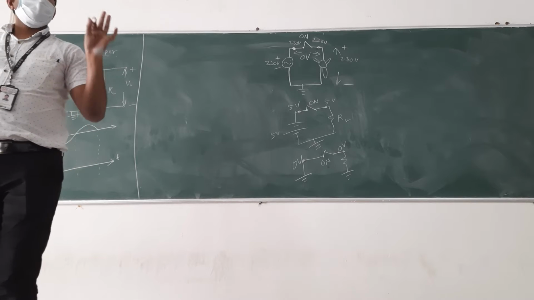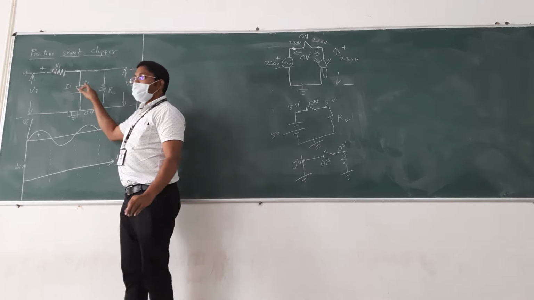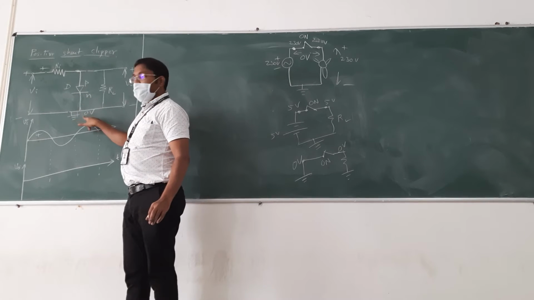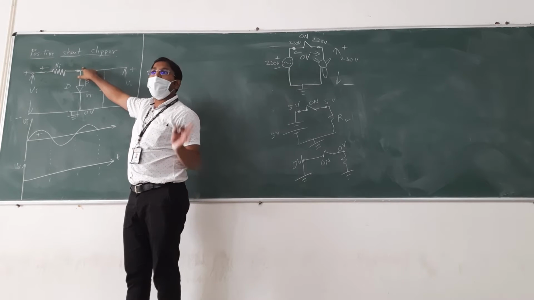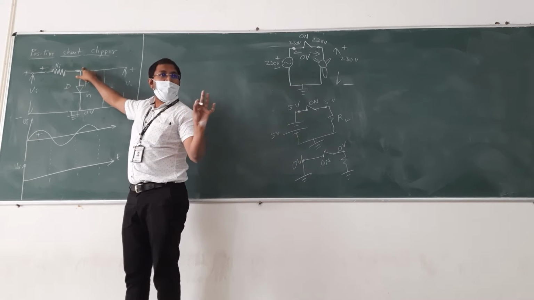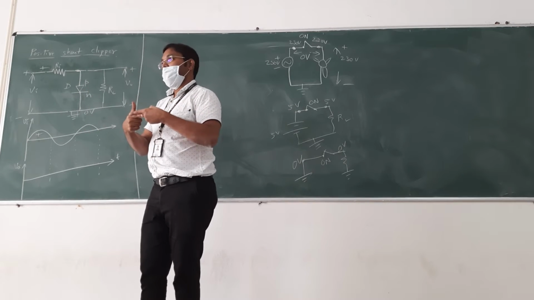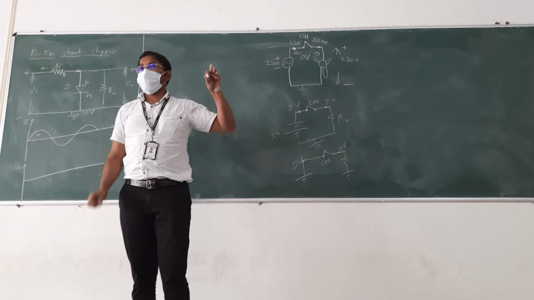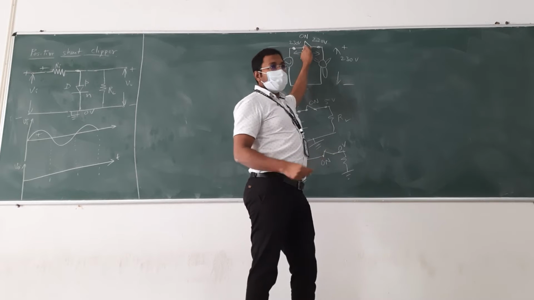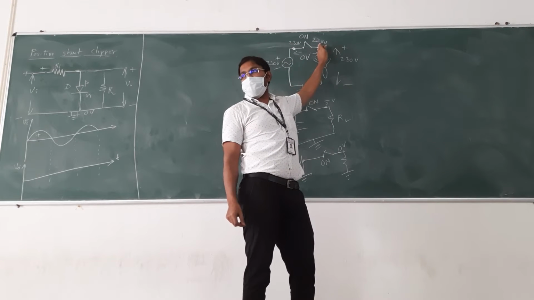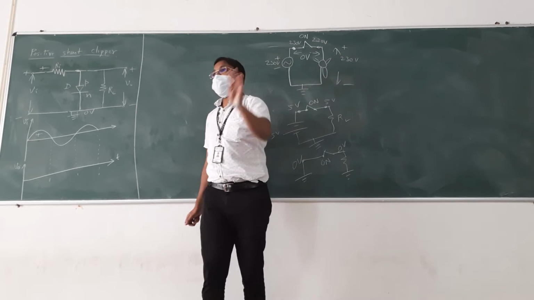Now tell me, for the positive half cycle the diode is on, the voltage is 0. So what will the voltage be here? 0. Switch on means both ends have the same voltage, and on is a direct connection. This is the switch. Switch on means this point is connected here. When points are connected, the potential is the same.